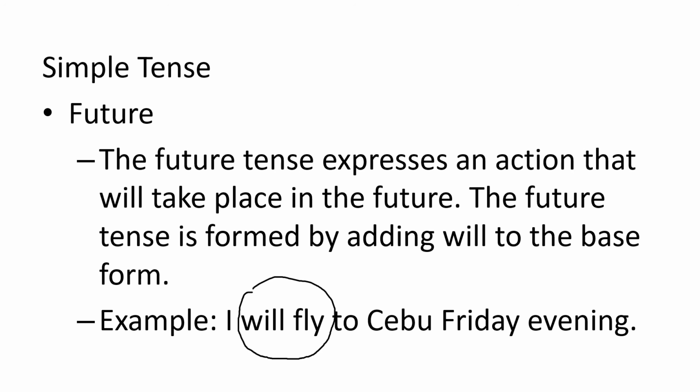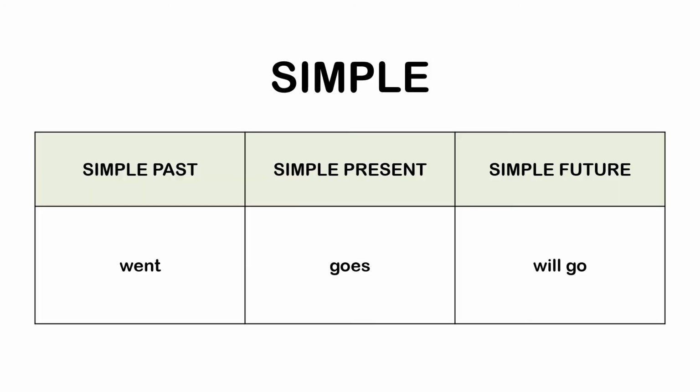Then, take note na meron din ginamit na date or time, which is Friday evening. So, ibig sabihin, nagaganapin pa lang siya this coming Friday ng gabi. To sum it up, here is a table presentation of verbs for each tenses.